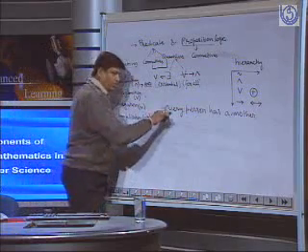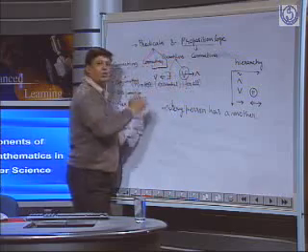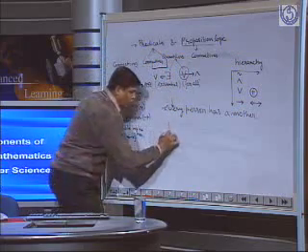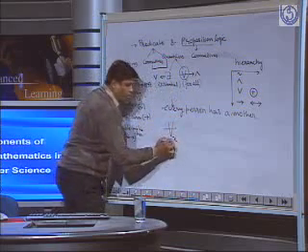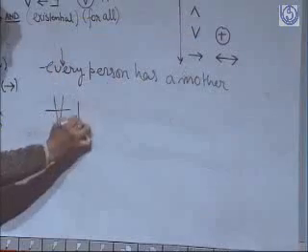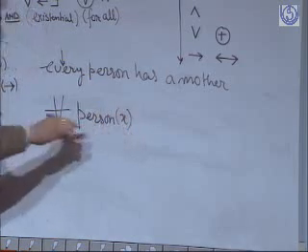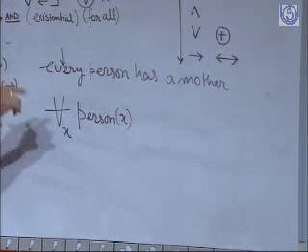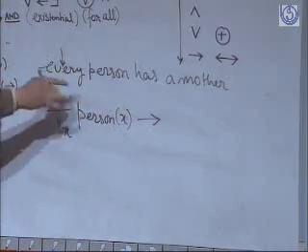Now, every person, that means it is talking about the for all quantifier. For all. Who are for all? All of type X. Who are X? X are of type person. If X is a person, this implies X has a mother.